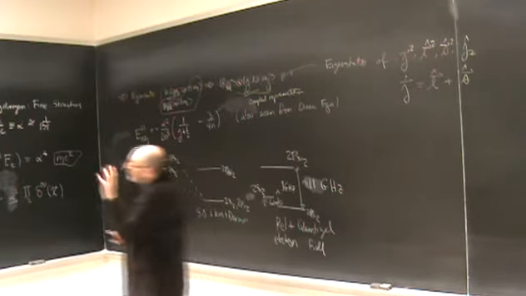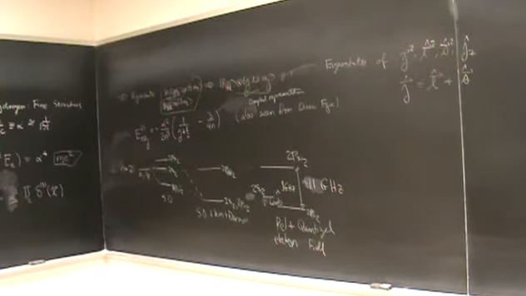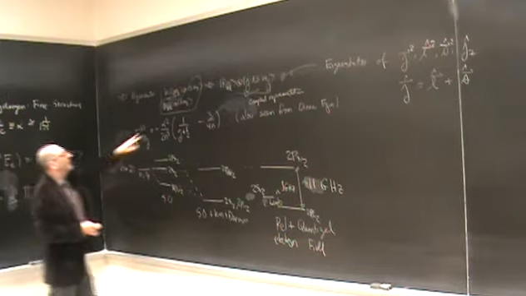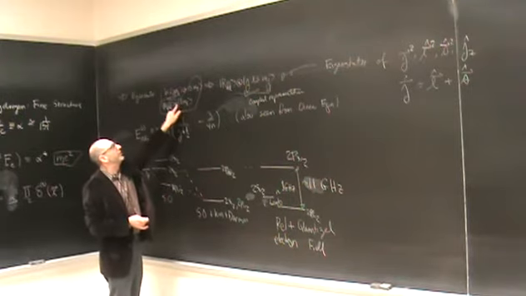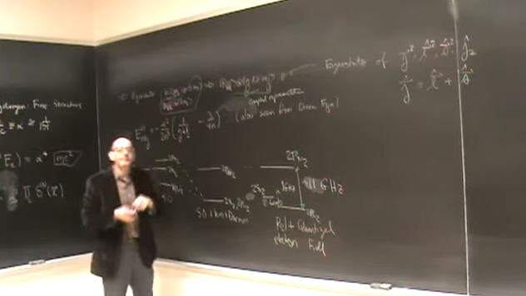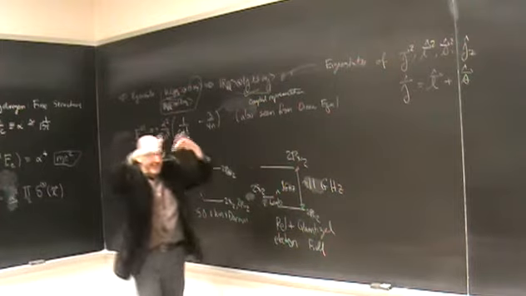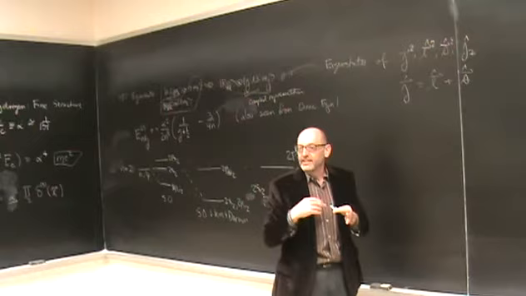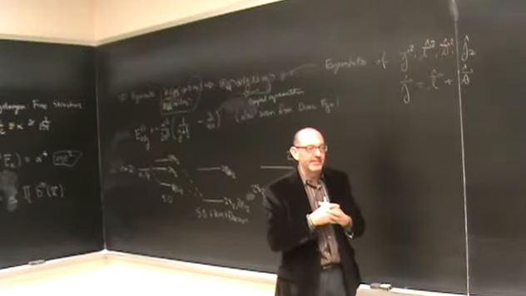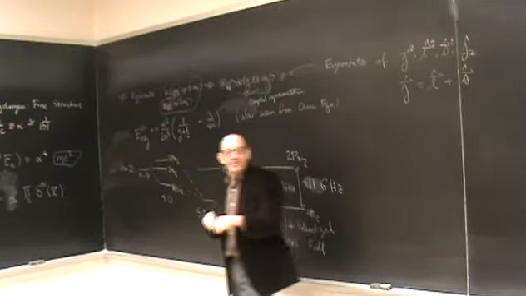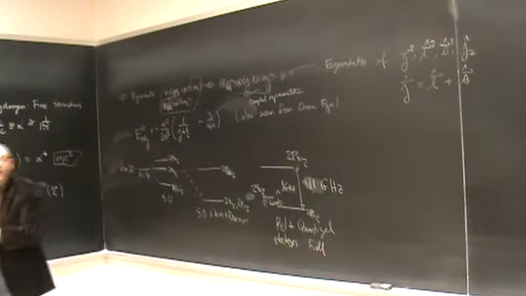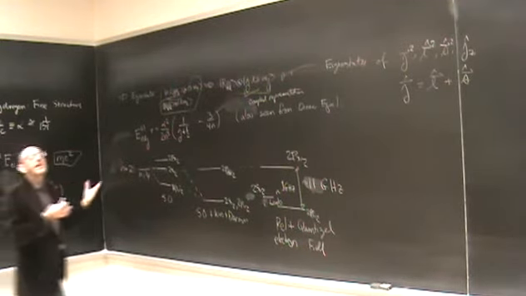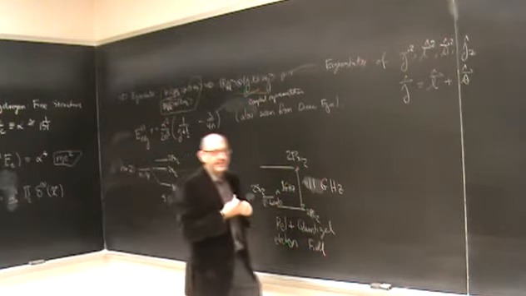So in the absence of, say, spin-orbit coupling, we said the good quantum numbers are L and M sub L because we had spherical symmetry. And because we had spherical symmetry, angular momentum was conserved. And because angular momentum is conserved, the L is a good quantum number, and the projection along any axis is a good quantum number.